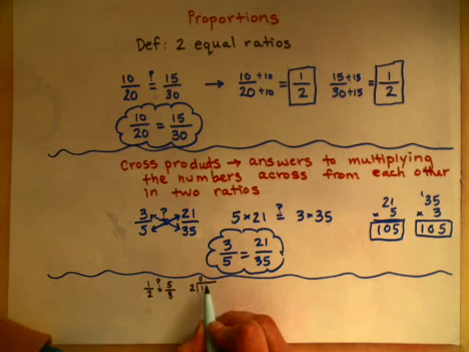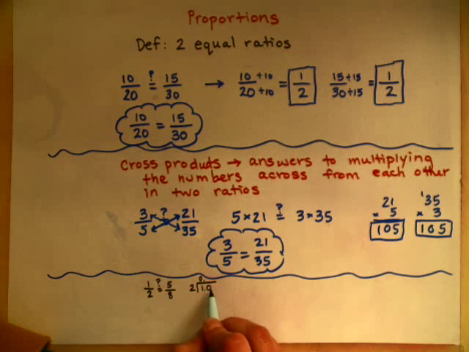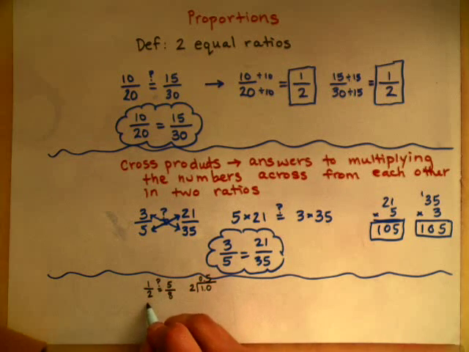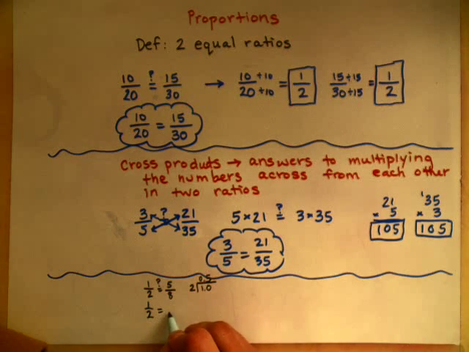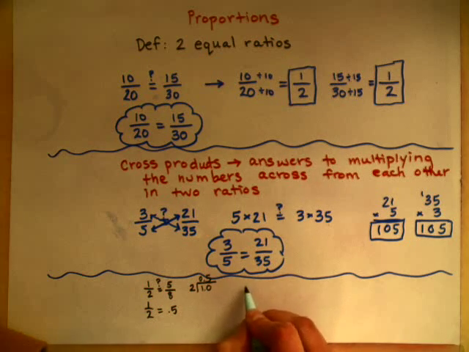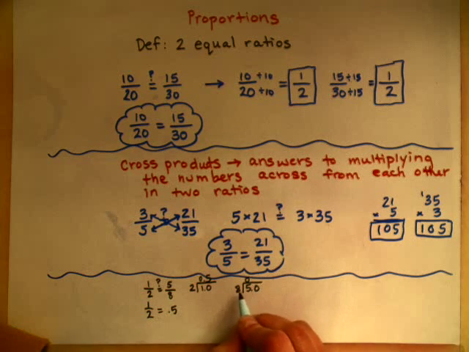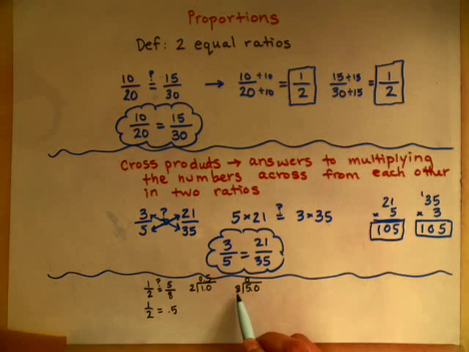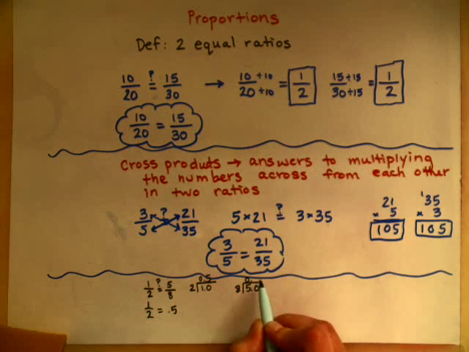2 doesn't go into 1, so I add a decimal and add a 0. 2 goes into 10 5 times. So 1/2 equals 0.5. And then top number in the house, 5 divided by 8. 8 goes into 5 0 times. Already knowing these are not going to be equal, 8 goes into 50 6 times. 6 times 8 is 48.